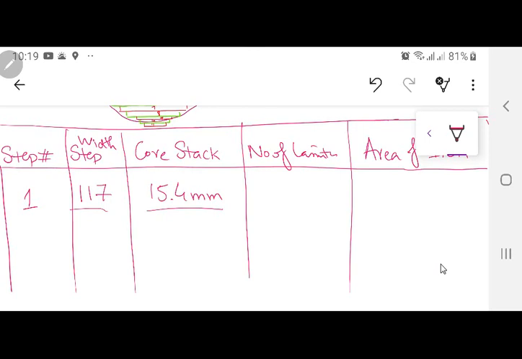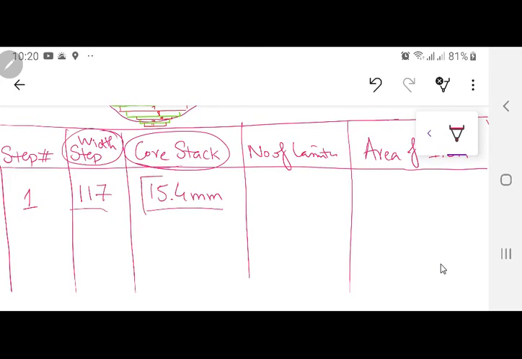Will we divide 117 by the thickness of one lamination to find the number of laminations, or 15.4? Okay, 15.4. 15.4 is the thickness of the first step. Alright, don't worry on this one. Here the word width is used, here core stack. Actually, I am using the book, so these are used interchangeably. So don't confuse yourself.